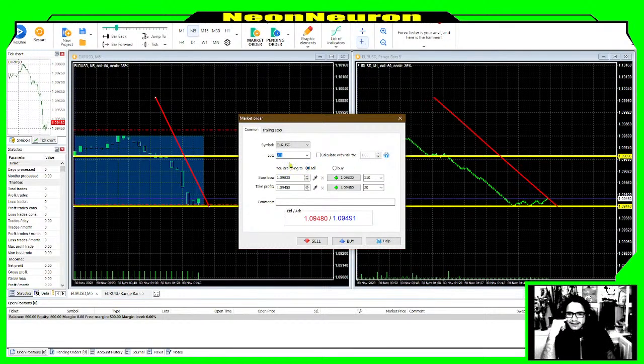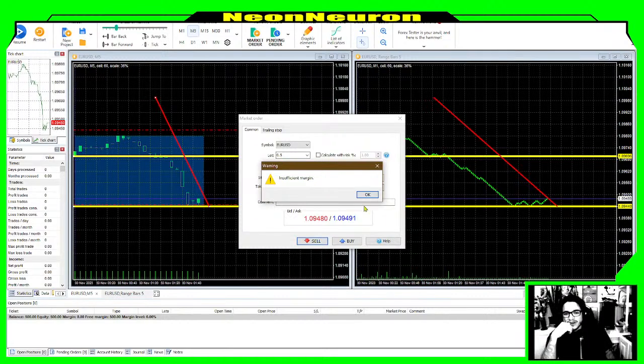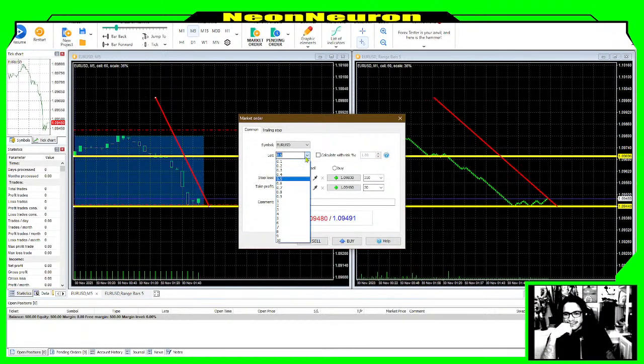We have a sell. We have 0.1 lot size. I would like to go with 0.5. Can we do that? Let's see if it'll let us. It'll tell us if we can't. And let's sell. Insufficient margin. Okay, so we can't do that. So let's go with 0.1.